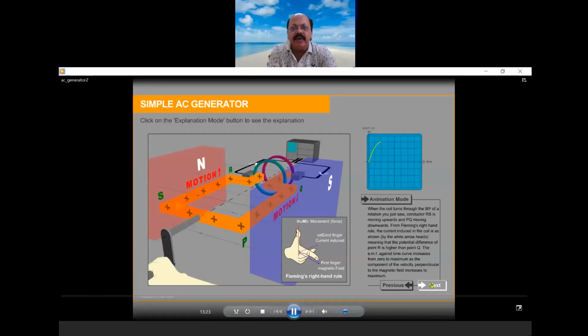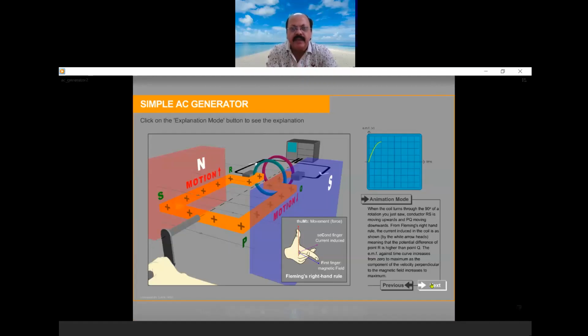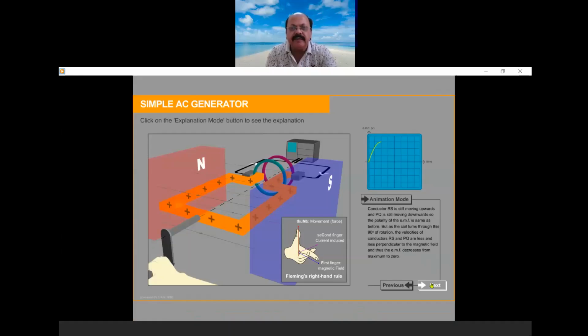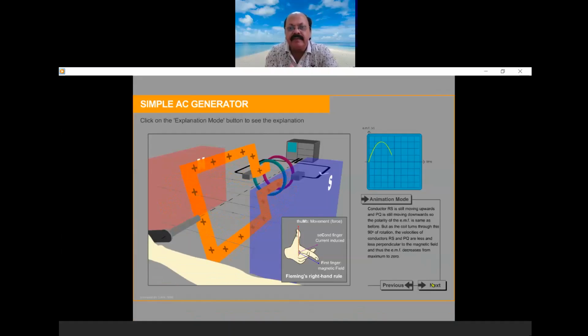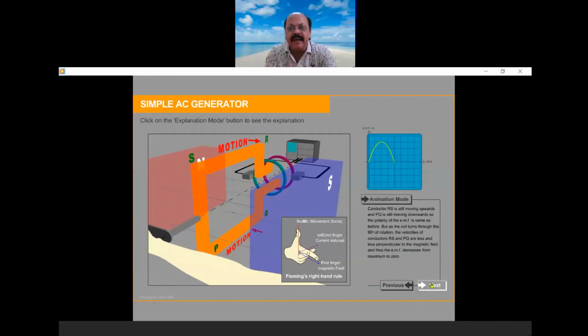Now we rotate it, and this is rotated to 1/4 of the time period. So further we rotate it, then what happens? The conductor RS is still moving upward and PQ is still moving downward. So the polarity of the EMF is the same as before.